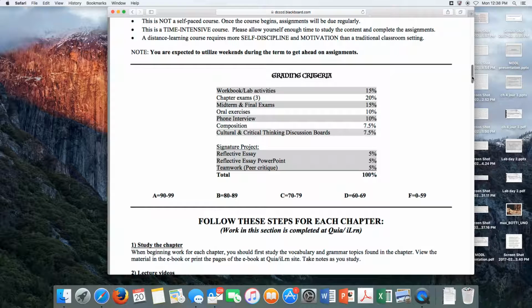But just know your signature project is worth 15%. You need to do a written essay. You need to create a PowerPoint with audio included as if it were a presentation. And you will be given a teamwork grade based on your ability to give comments to other students' work.